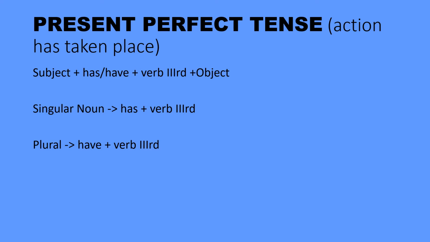Present perfect tense. Now, present perfect tense tells us that the action has taken place. When we say that an action has taken place, you may say that it may be counted in past tense. But no, we cannot count it in past tense because some actions have their effect even after they have been completed.